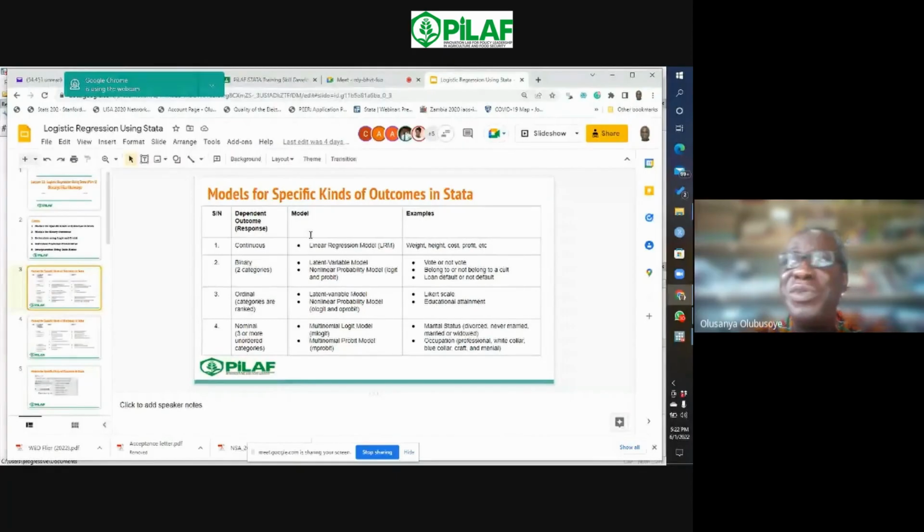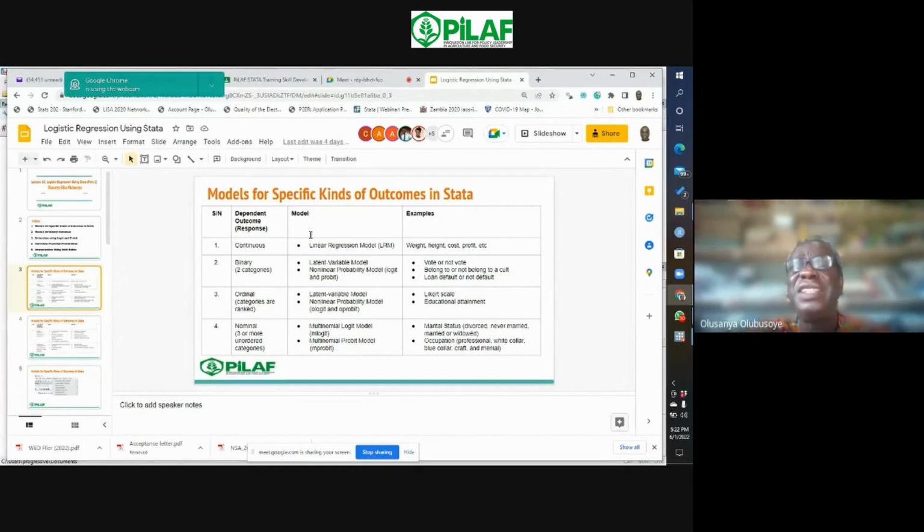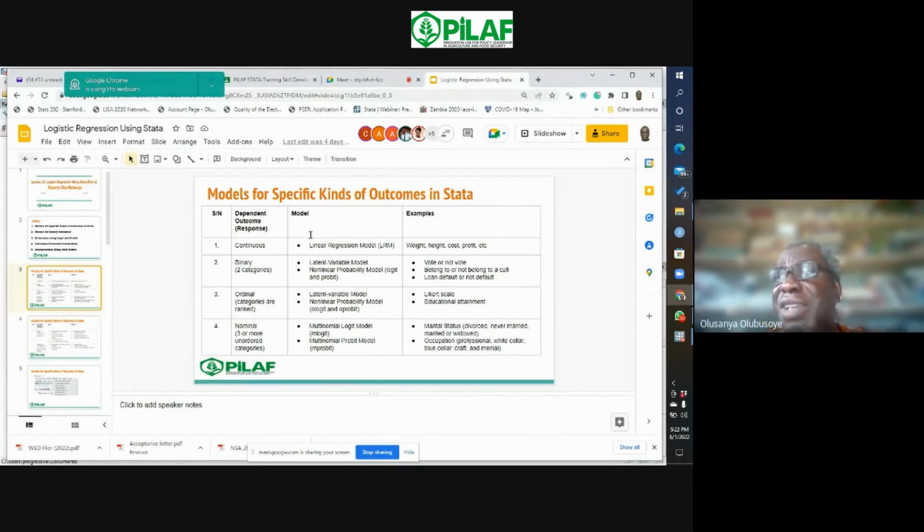No difference. Well, the slight difference is that for binary, you are simply saying that there are two categories: go, no go, defective, non-defective, and so on. But dummy is when you now assign values to those levels: 0 for one level, 1 for the other level.